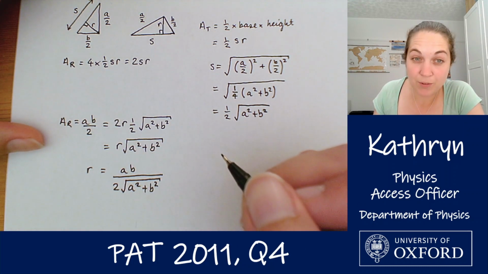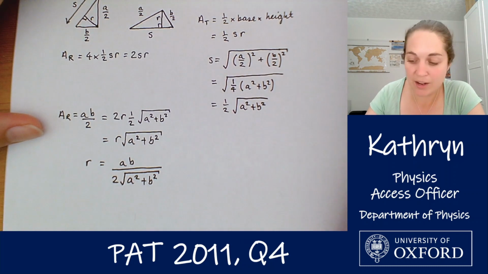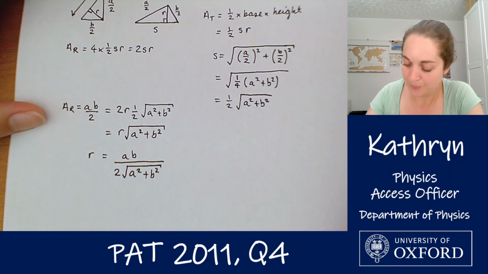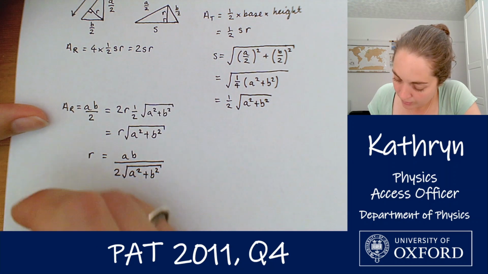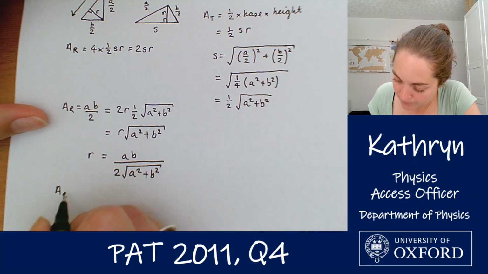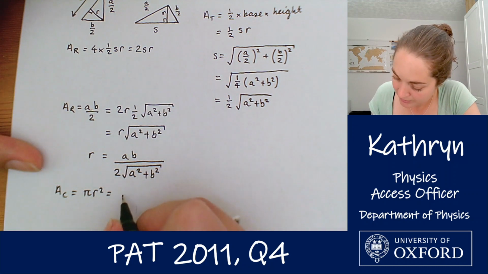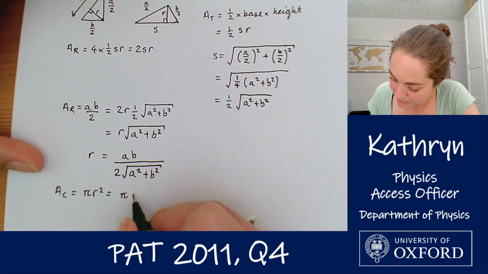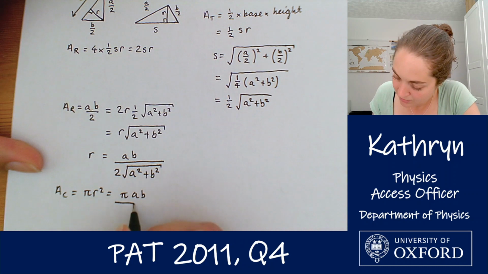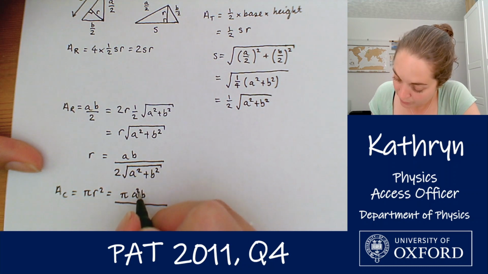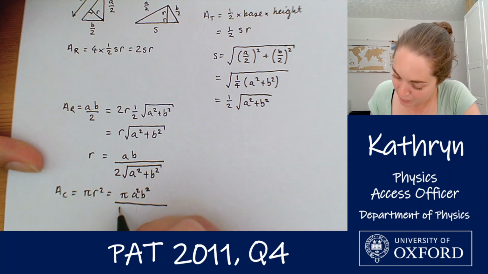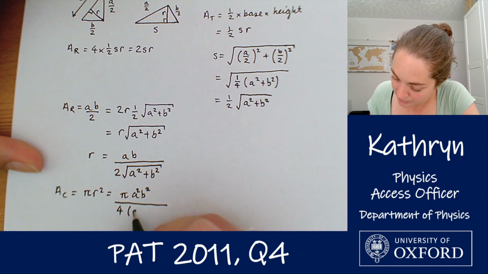And that means we can find the area of our circle, because area of a circle is just pi r squared. So area of a circle is pi times A squared B squared divided by 4 times (A squared plus B squared).